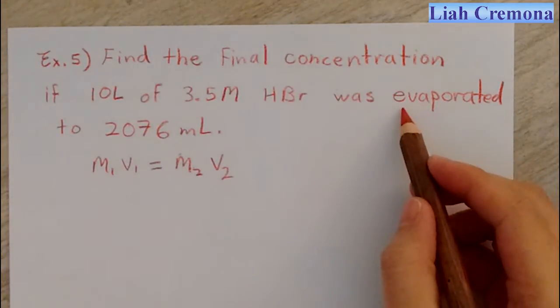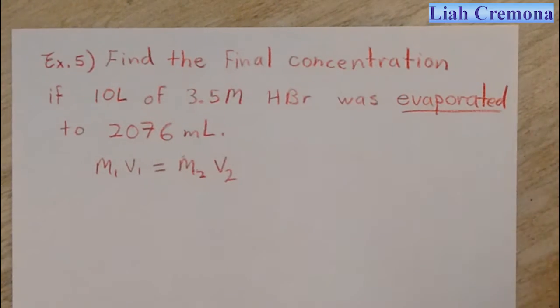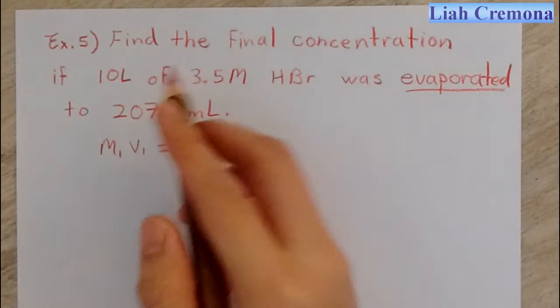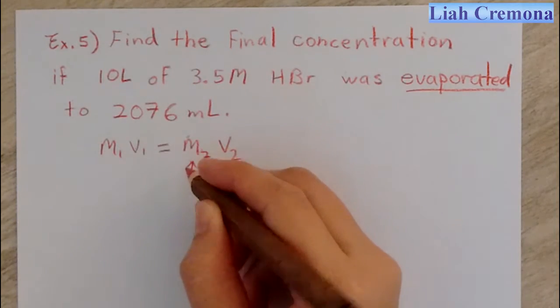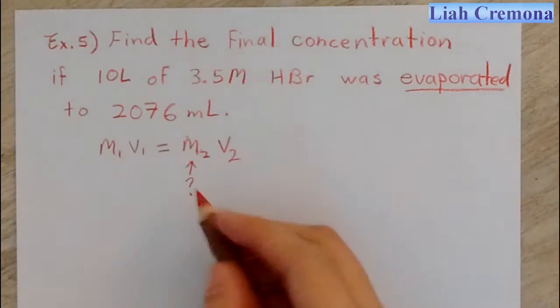And also we have evaporation again, which means that we are losing some of the solvent. Because it says to find the final concentration, we know that M2 is the question. It's what we're trying to find.